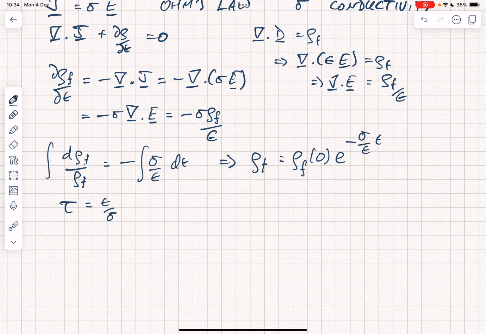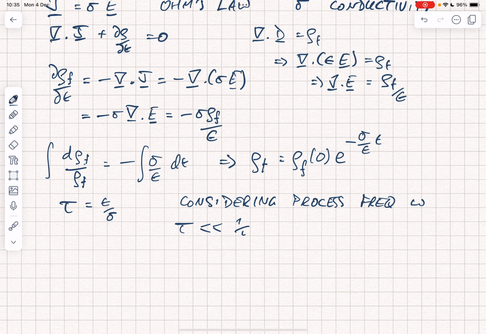And if you think about other things which might be happening in the conductor, say with a frequency of omega, so if we're considering some process, of course in the back of our minds we'll be thinking about electromagnetic waves with angular frequency omega, then tau should be very much less than 1 over omega in order for the dissipation of free charge not to interfere with whatever process we're considering.